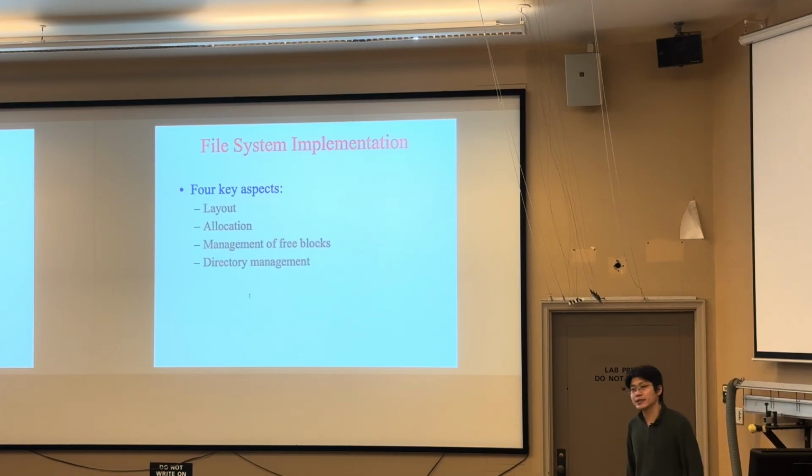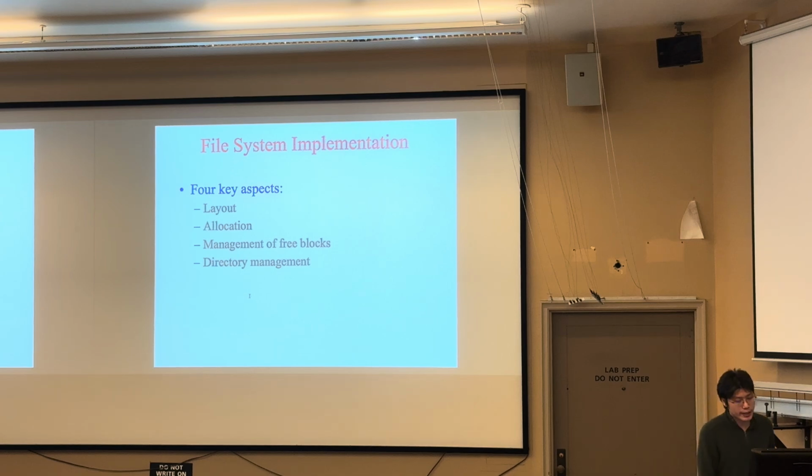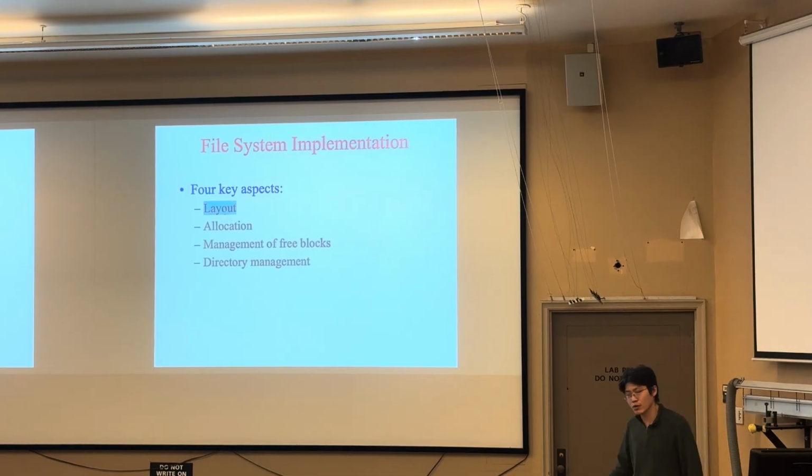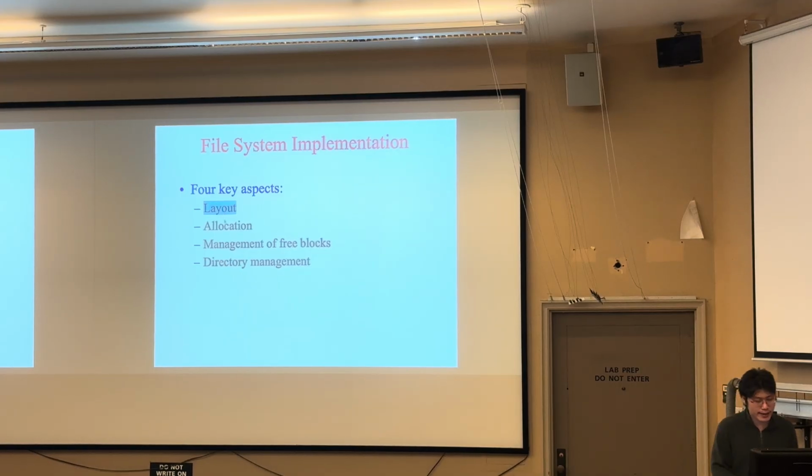To implement a file system, to map this file system API functionality to how it is implemented on disk, the external storage, there are 4 key aspects in the design. First is layout, how this file system is stored on the external storage. The second is allocation: how do you allocate a file, how do you release it, and how do you delete it.